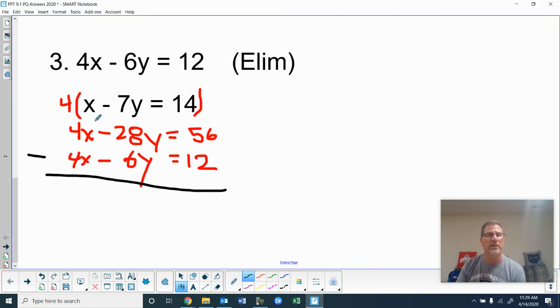So 4x minus 4x cancel out. They're eliminated. Now I'm going to go negative 28 minus a negative 6. Remember, minus a negative is addition. So negative 28 plus 6 would be negative 22y.